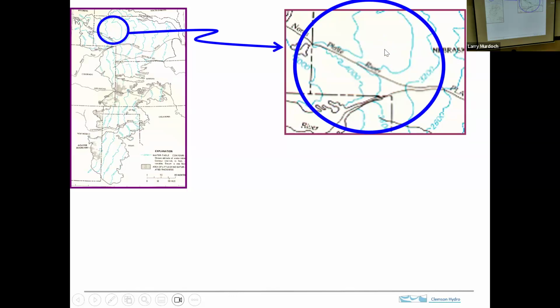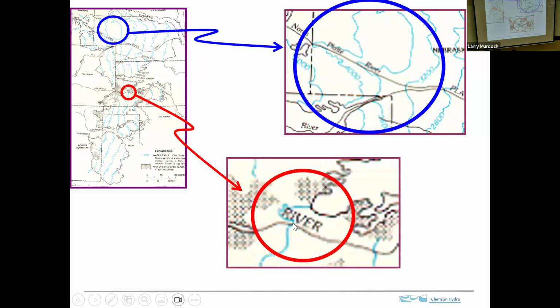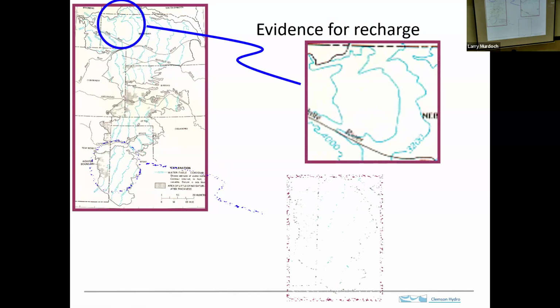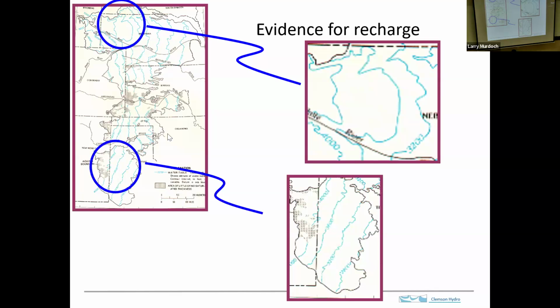So in order for that to happen, you must have flow coming in from above. Then we saw this one place where there's indication of flow away from a river. So that's a losing reach on that river. And then, yeah, there's recharge. And this place down here at the bottom, down in the south where the hydraulic head contours are straight and parallel. And this is the kind of thing we get from a 3-point problem where there's really no evidence of recharge. And this is a very arid area.